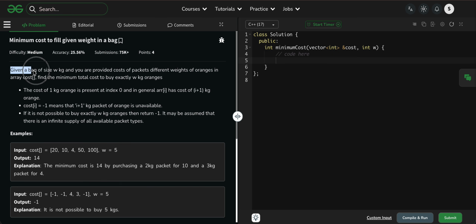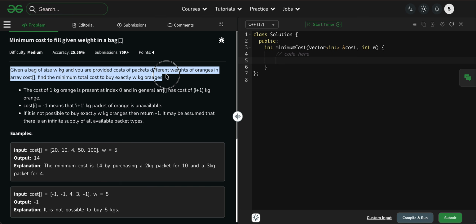The question says: given a bag of size W kg and you are provided the cost of packets of different weights of oranges in an array cost. Find the minimum total cost to buy exactly W kg of oranges.